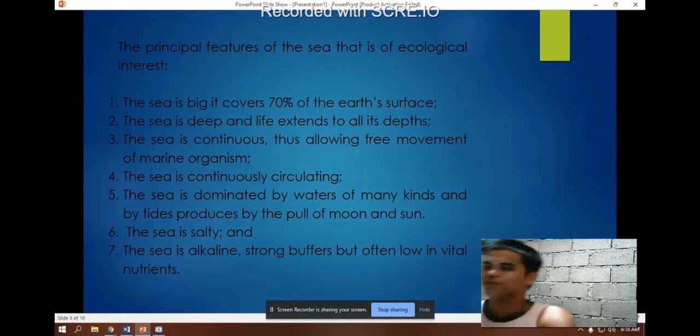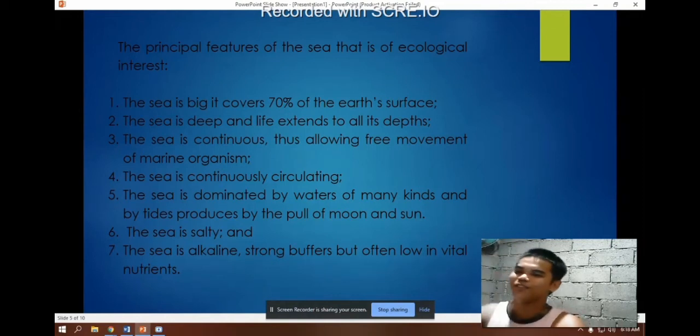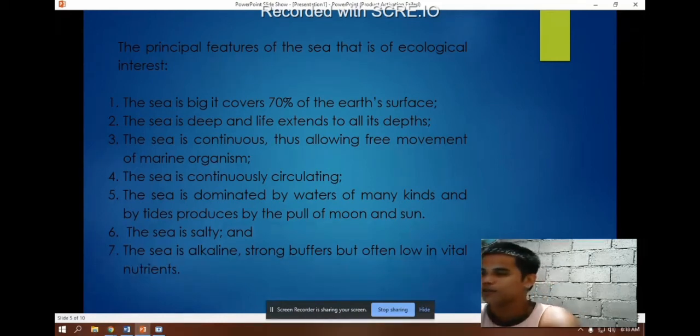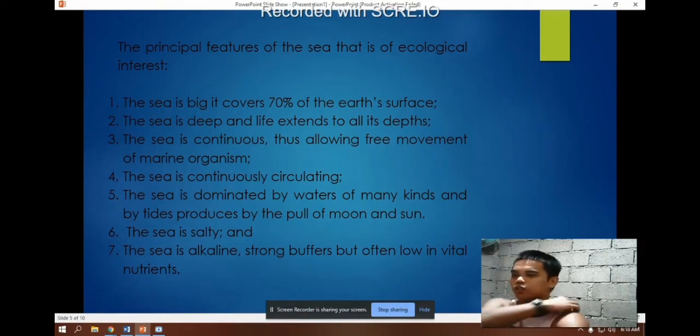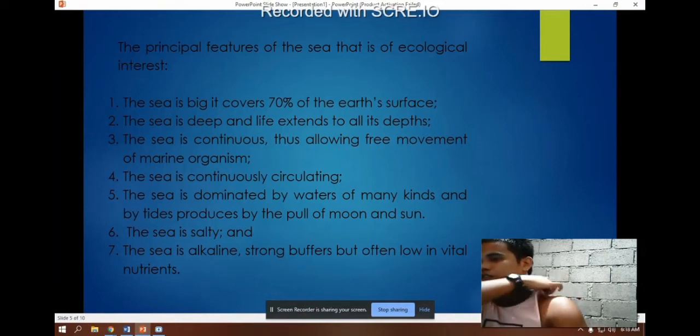Number two, the sea is deep and life extends to all its reach. Number three, the sea is continuous, thus allowing free movement of marine organisms. Four, the sea is continuously circulating.